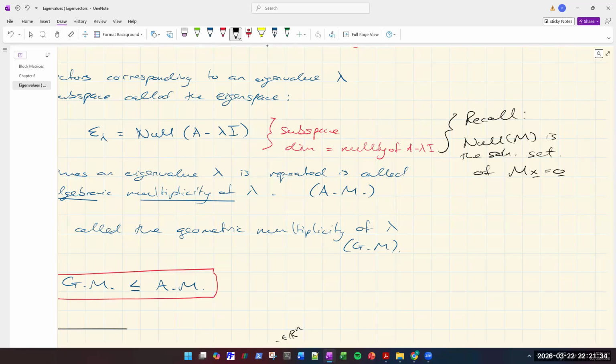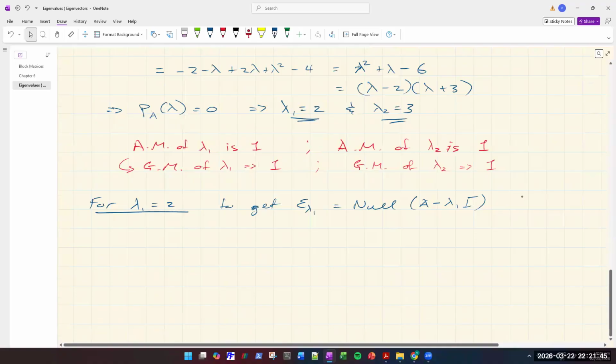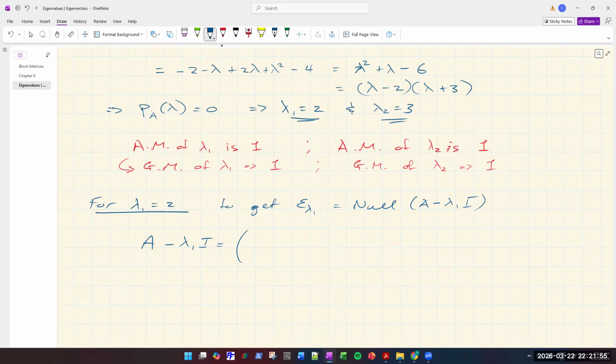Okay, so you know Ax equals b, set the right hand side to 0. So Ax equals 0, right? All x values. So first let's form A minus lambda 1 I. Okay, so A was 1, 2, 2, minus 2, and I'm going to subtract lambda 1 from the diagonal. Lambda 1 was 2. So subtract 2 from the diagonal entries.